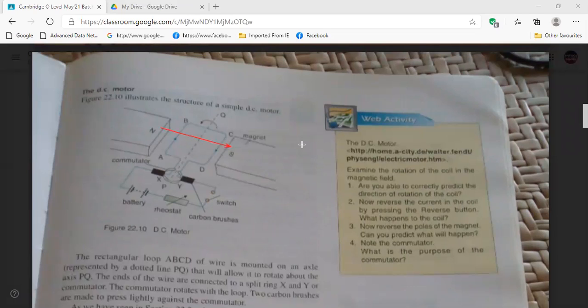Then the second finger or the middle finger is showing us the direction of current. So if you fix your fingers according to that, you see part AB, the direction of current is into the screen, right? Into the screen here.